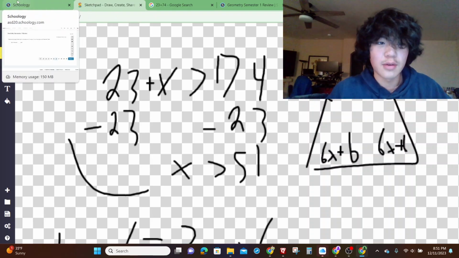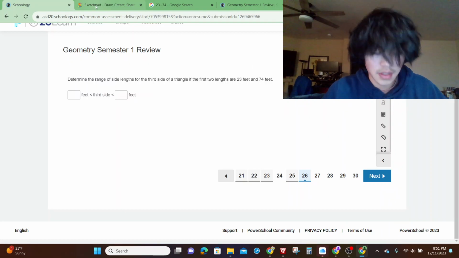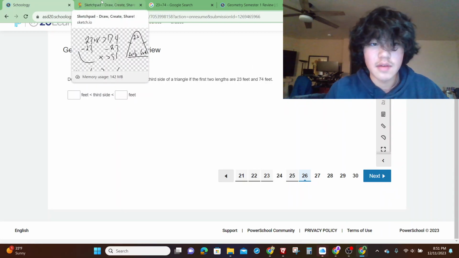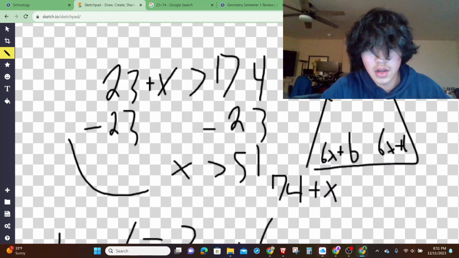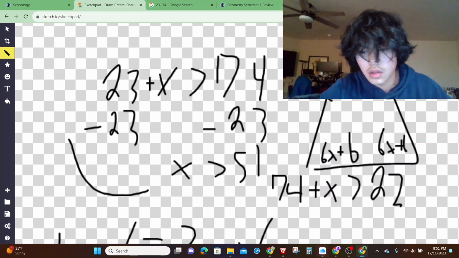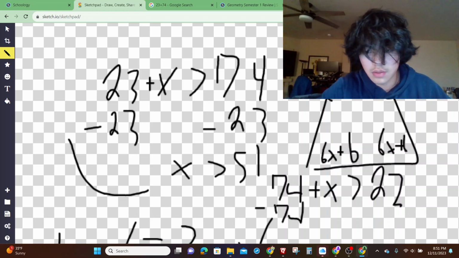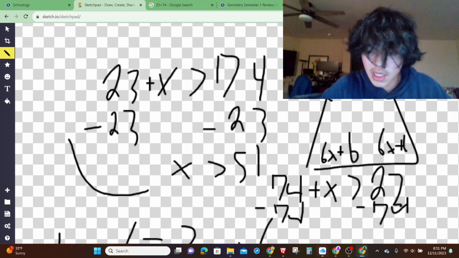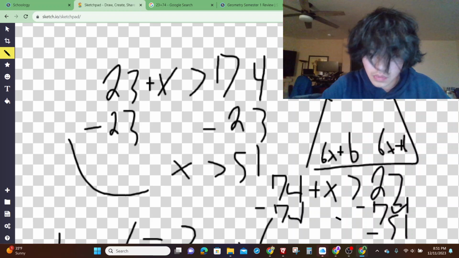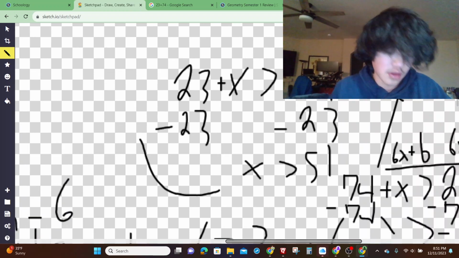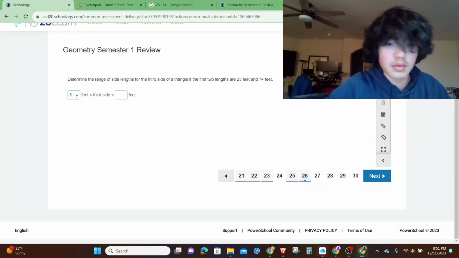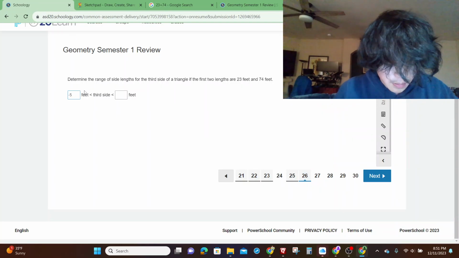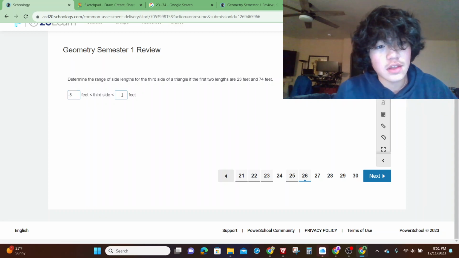Alrighty then, now we have to find the other range. So we'll do 74 plus x is greater than 23. Subtract 74 from both sides. We get negative 51. So x is greater than negative 51. So we're going to put negative 51 in our range right there, and positive 51 right there.